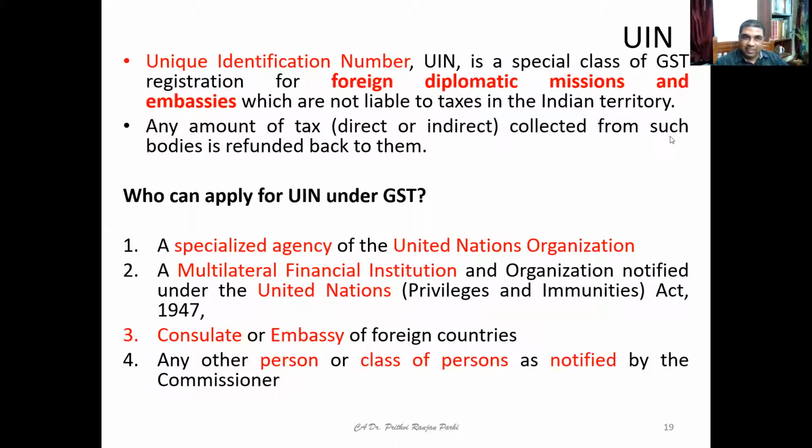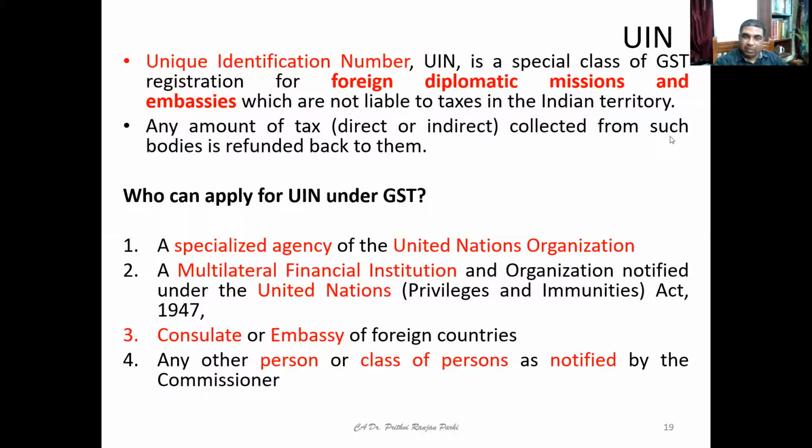And which are not liable to taxes in Indian territory. So in India, they're not supposed to pay taxes, but they need to get themselves registered. So any amount of tax, whether direct or indirect, collected from such bodies is refunded back to them. Who are these people? Foreign diplomatic missions and embassies.